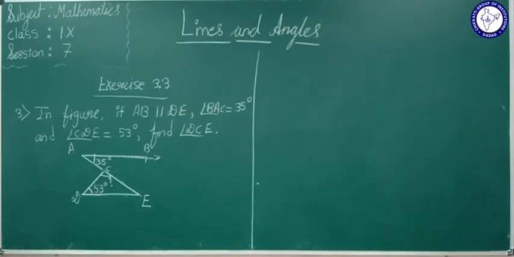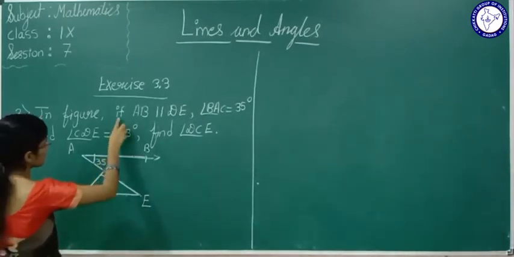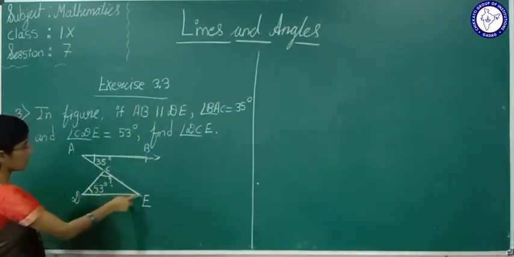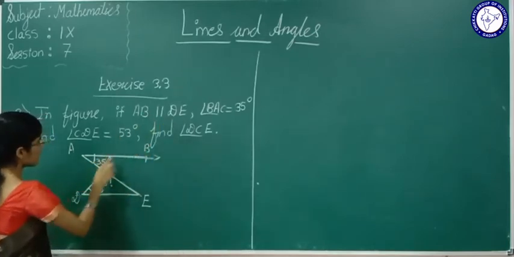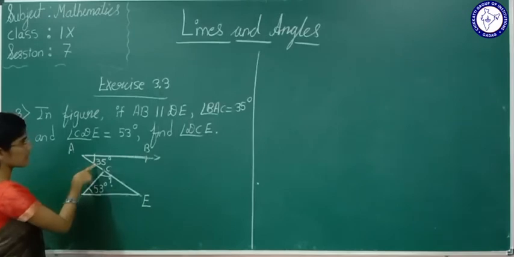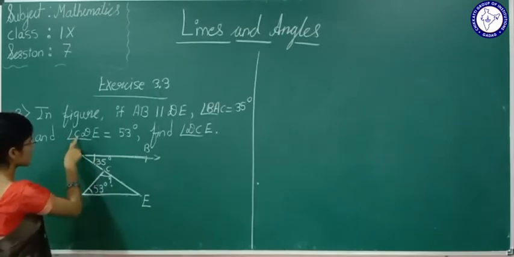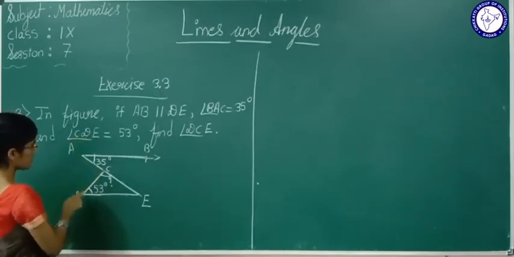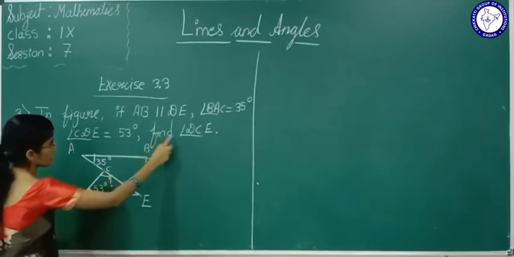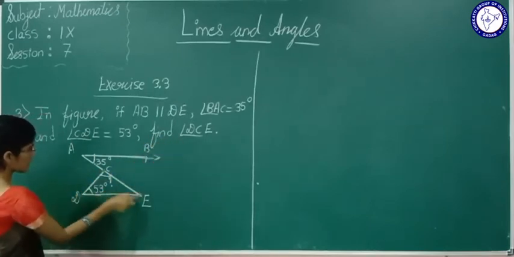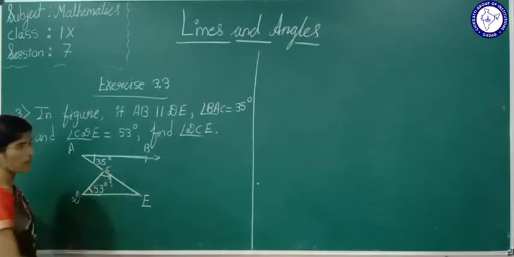Now see, students, third question. In figure, if AB is parallel to DE, these two lines are parallel. Okay. And angle BAC is given 35 degree and angle CDE they have given 53 degree. Find DCE. This angle we have to find out here.